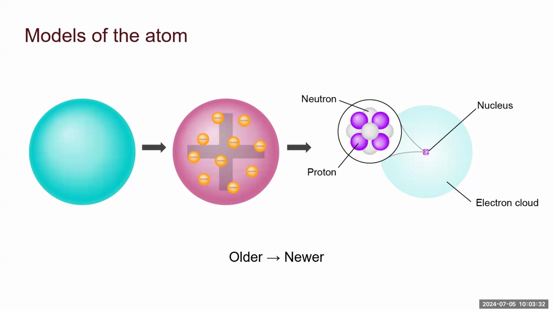And at the center of this electron cloud is a part of your atom known as a nucleus. That nucleus has two components, neutrons and protons.